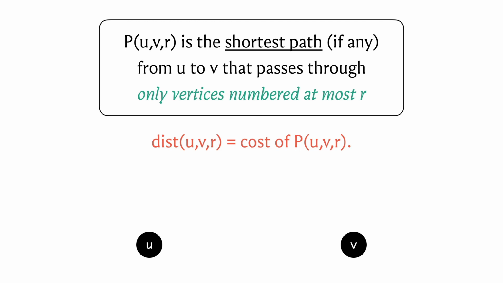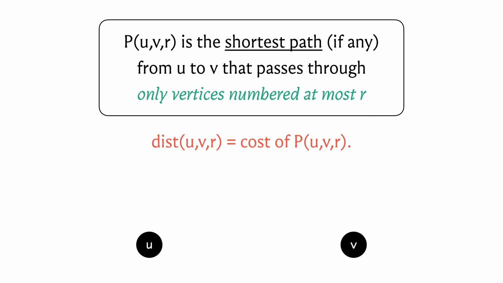So if I tell you how to compute distance uvr, provided you already know distance uvr prime for r prime less than r, then you can use this mechanism to go from distance uv0 to distance uv1, and from distance uv1 to distance uv2, and so on all the way till the end. So just like we do in a proof by induction, my focus here will be on trying to explain how do we compute distance uvr under the assumption that you already know the correct values for distance uvr prime for r prime less than r. So hopefully that makes sense.